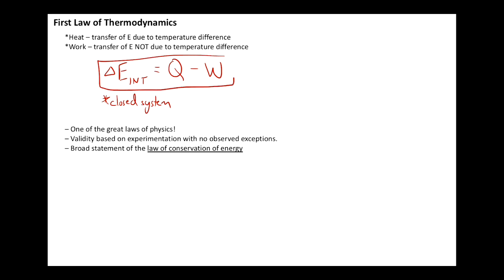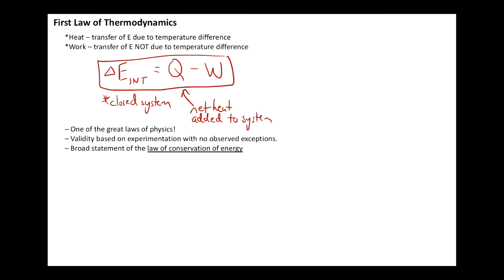The change in the internal energy of a closed system is equal to Q minus W. Notice that is a positive Q on the left. So this is officially the net heat added to the system. You would just flip it to be negative if heat is leaving the system.